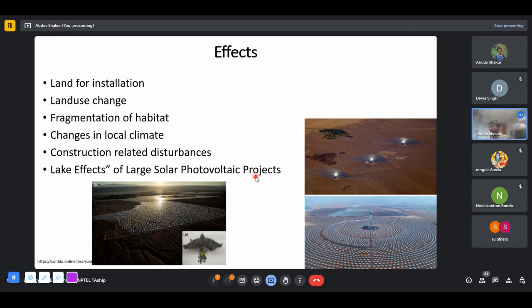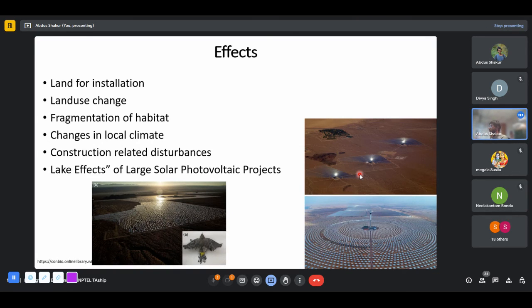And the effect of these types of large solar photovoltaic projects, some of the other effects, is that if you see from a distance, it looks like a water body in the middle of a desert. So what is it going to do? It's going to bring in a lot of migratory birds which are migrating.